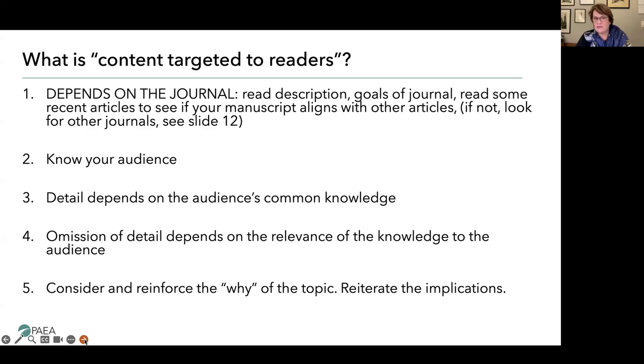Knowing your audience is very important because if, for example, and I'll use a very simple example, in PA education, I would say that most educators know what Bloom's taxonomy is.